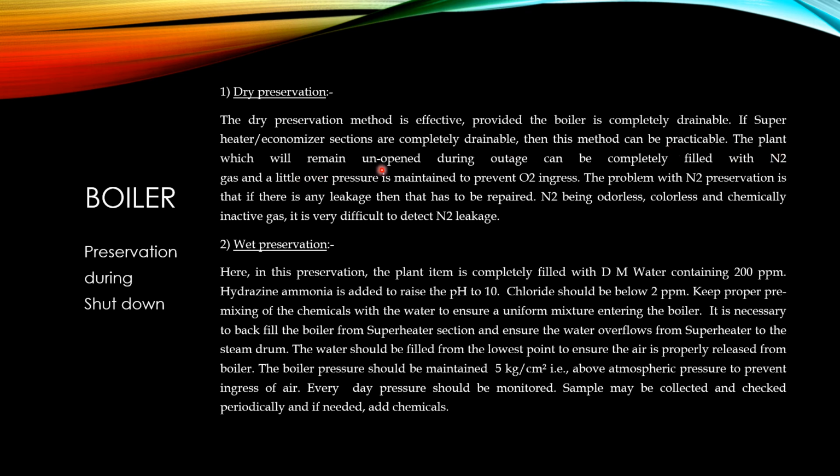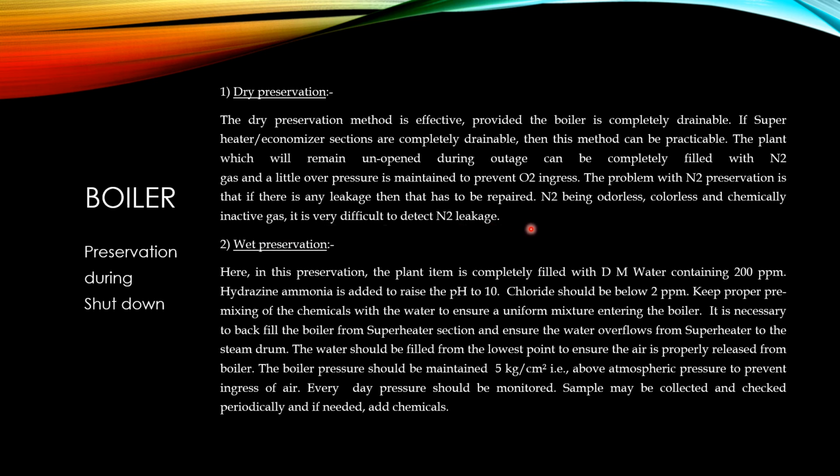The plant which will remain unopened during outage or shutdown can be completely filled with nitrogen gas and a little overpressure is maintained to prevent oxygen ingress. The problem with nitrogen preservation is that if there is any leakage, then that has to be repaired. Nitrogen being an odorless, colorless, and chemically inactive gas, it is very difficult to detect nitrogen leakage.